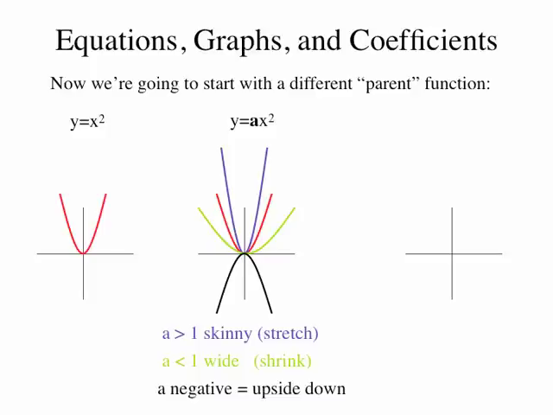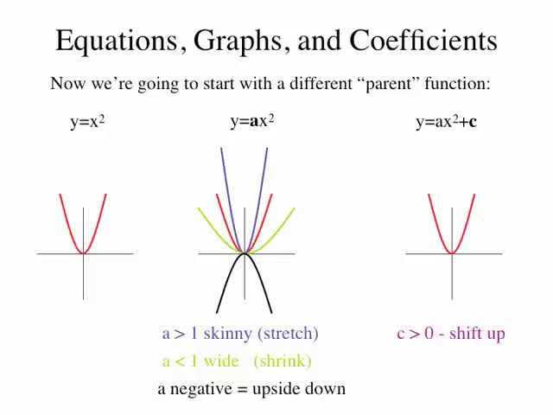We can also add a constant after the ax squared term. So we could have an equation that looks like y equals ax squared plus c. And the plus c, in this case, has the same effect on a parabola as the plus b did on the line. So again, here's our parent function, y equals x squared.